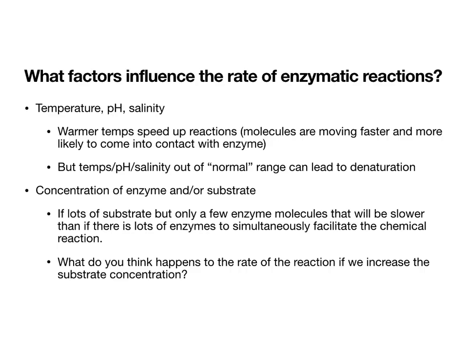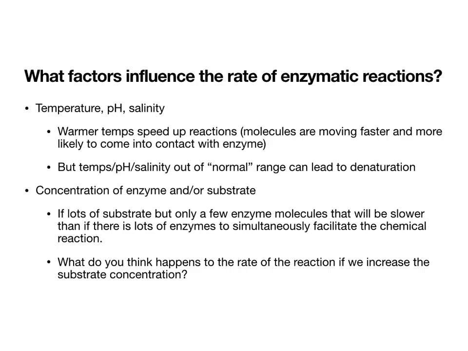So what do you think happens to the rate of the reaction if we increase the substrate concentration? I just answered that question for you. It doesn't matter if we have 100 substrate, 1,000 substrate, or 10 substrate. If I only have 10 enzymes, I'm only going to get the same reaction for those 10 enzymes.